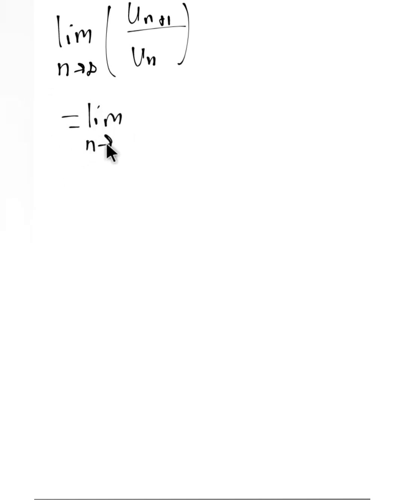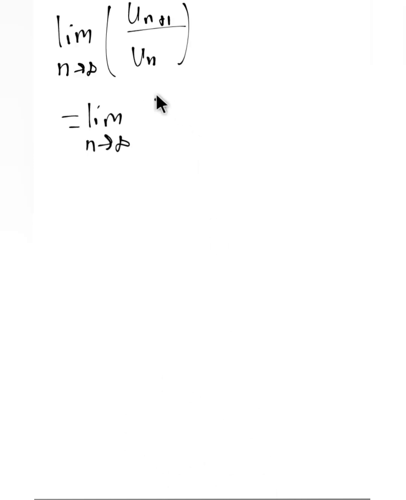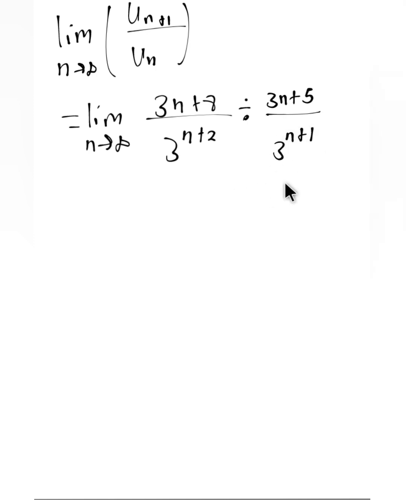So let's proceed. We need to find the limit as n tends to infinity of un plus 1 over un. So this equals the limit as n tends to infinity. Un plus 1 is this expression here, which is 3n plus 8 all over 3 raised to the power n plus 2, divided by un, and un is 3n plus 5 divided by 3 raised to power n plus 1.